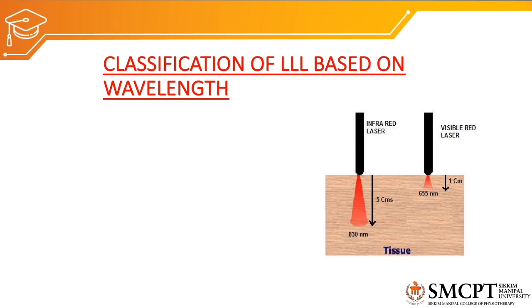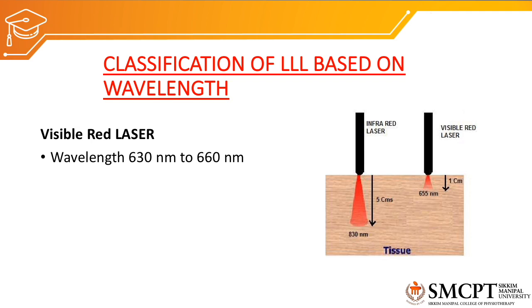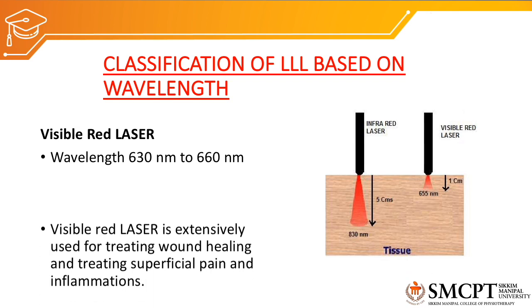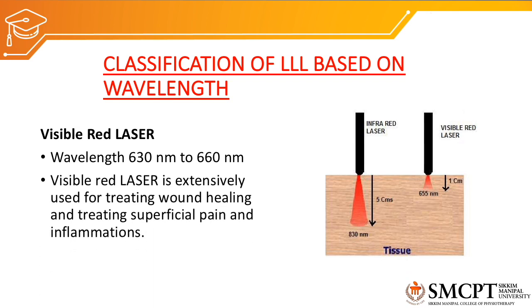So low level laser is classified based on wavelength. The first classification is visible red laser. The wavelength of this type of laser is 630 nanometer to 660 nanometer. Visible red laser is extensively used for treating wound healing and treating superficial pain and inflammations.